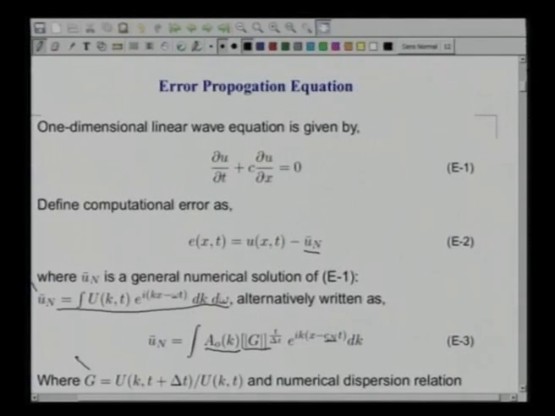And then in this equation E 3, we are representing the solution in a sort of a hybrid fashion, because the space x has been represented in terms of the wave number k, but the time is retained as it is.